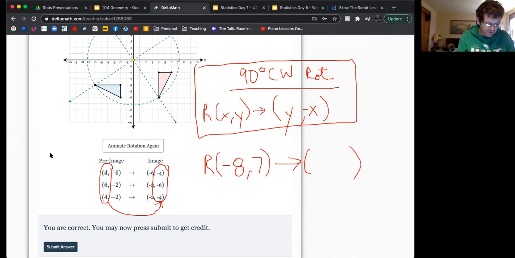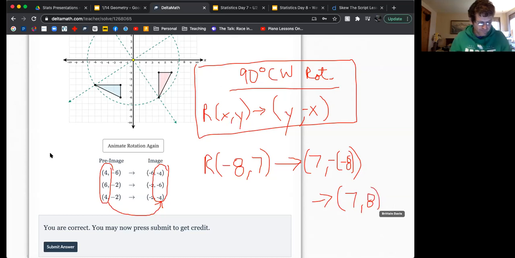So my y value is 7. It gets plugged in for y right there. So 7 goes right there. And then the -8 is going to get plugged in for x. So it's -8, which tells me just to change the sign of it. So it's (7, 8).